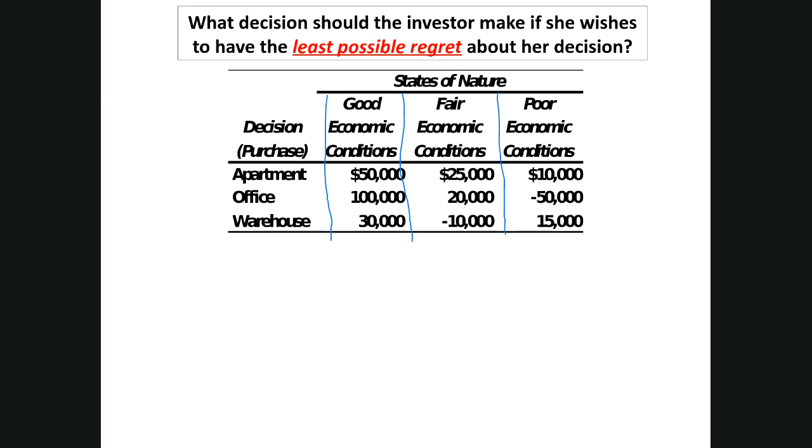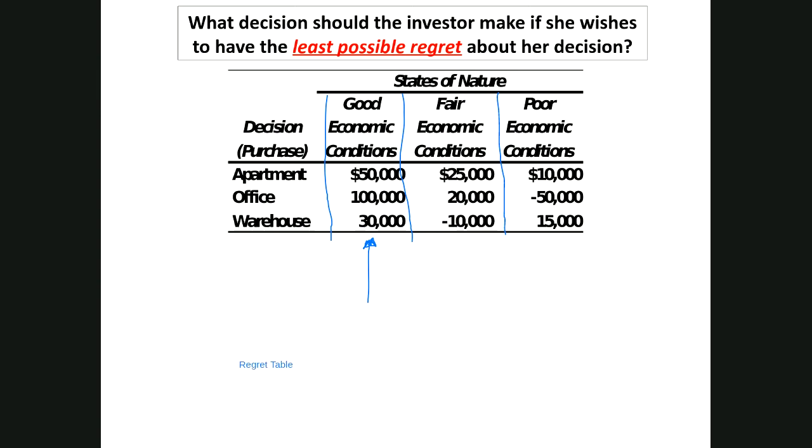So we're going to look at this from within this column. So we take the perspective that if we knew what's going to happen in the future, what would you do and what would be the result? And then from that, we're going to build what's called a regret table. We'll talk about that in a minute on the next slide.